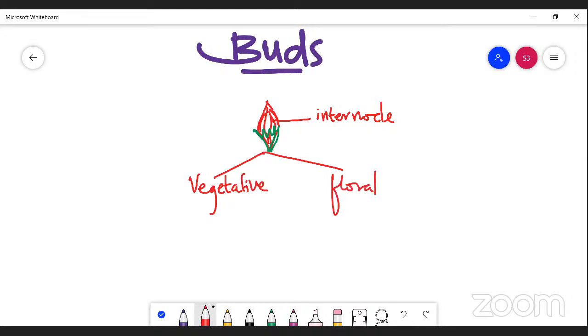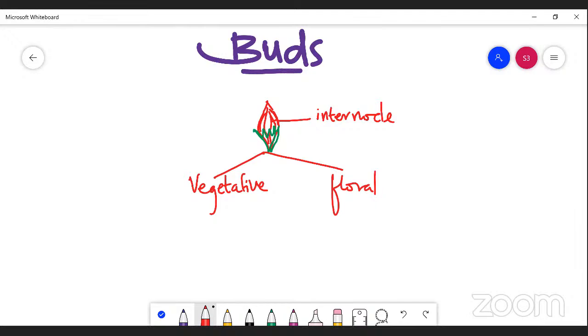Those buds which are responsible for the formation of branches or any part of the stem are called vegetative buds.